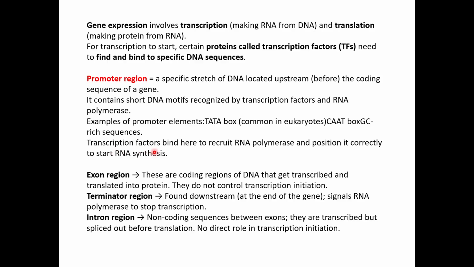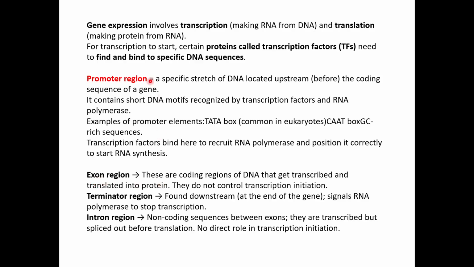Then transcription factors bind here and recruit the RNA polymerase and position it correctly to start the RNA synthesis. So that is why it is very important for the transcription factors to bind to the promoter region, so that they can properly recruit the RNA pol, and the RNA pol will then start transcription from DNA to RNA.